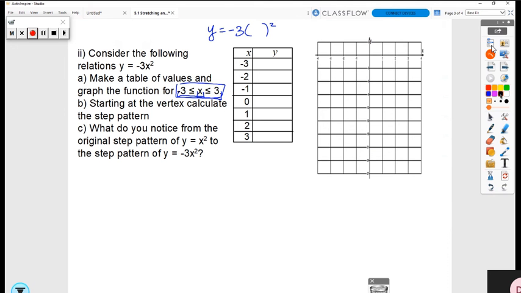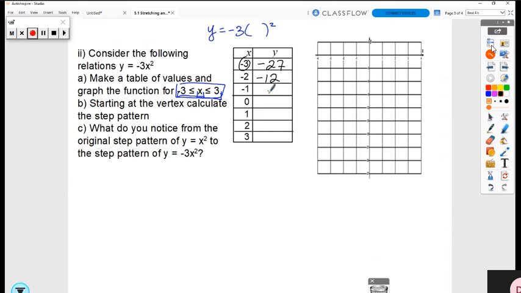So, we're going to first sub in negative 3 into here. Negative 3 squared is positive 9 times negative 3, negative 27. Negative 2 squared is positive 4 times negative 3 is negative 12.